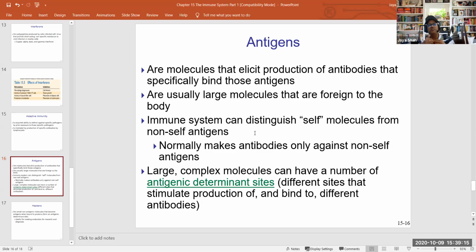So here, let's define the antigens. Antigens are molecules that elicit production of antibodies that specifically bind those antigens. Antigens are usually large molecules that are foreign to the body. Our immune system can distinguish self molecules from non-self antigens, and normally it becomes active and makes antibodies only against non-self antigens.